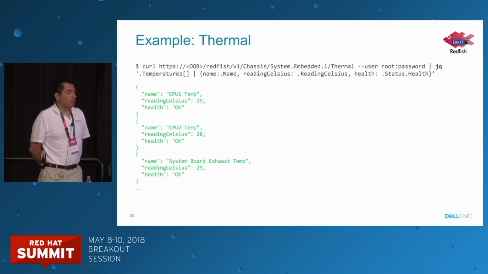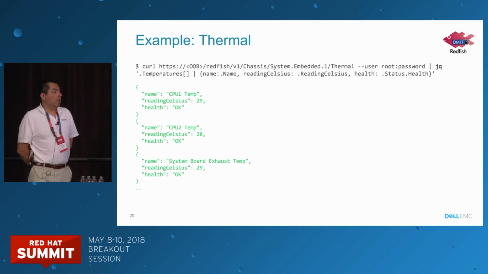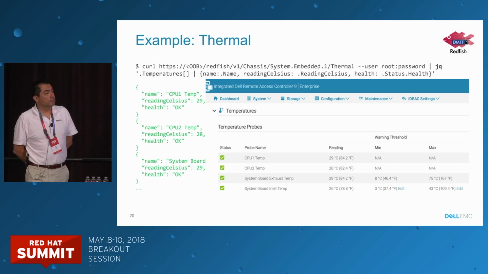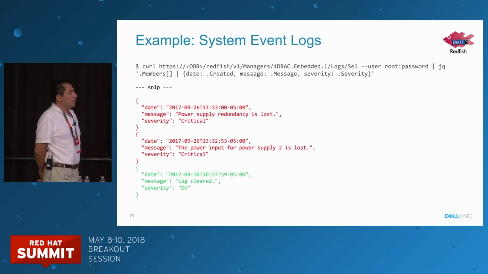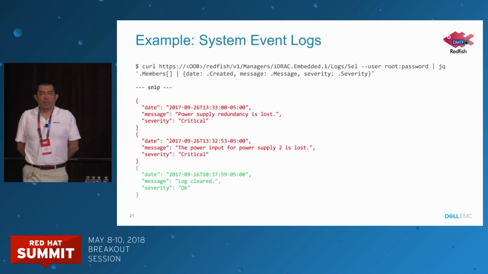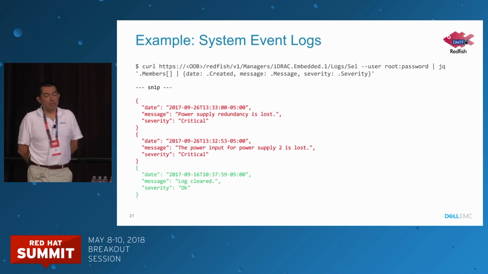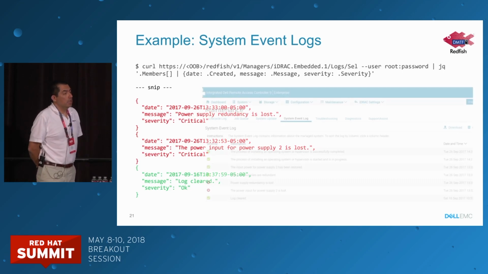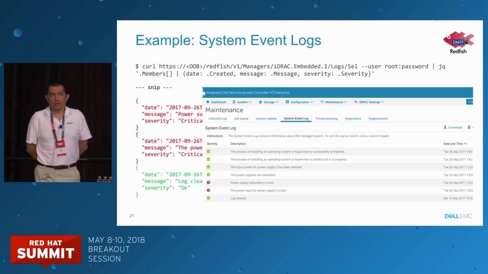The information that it returns is again your temperature and the health. Once again, same information you got before through the web console. And finally, system event logs. You remember that power event where I disconnected or unplugged the power cords. It caught it, and there it is. Same entry, same information. It's just being retrieved differently.